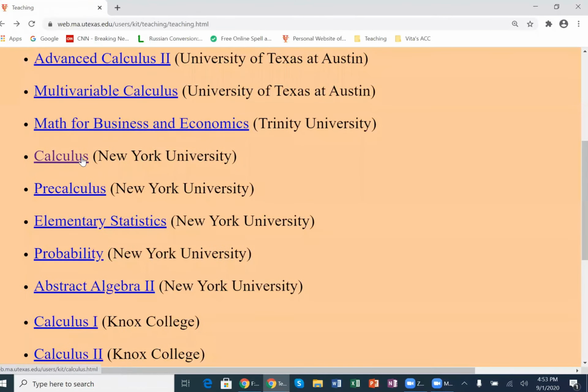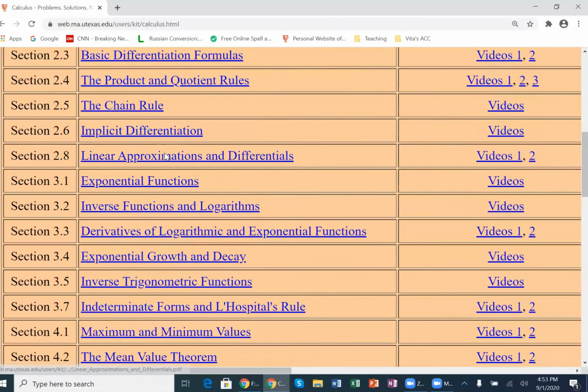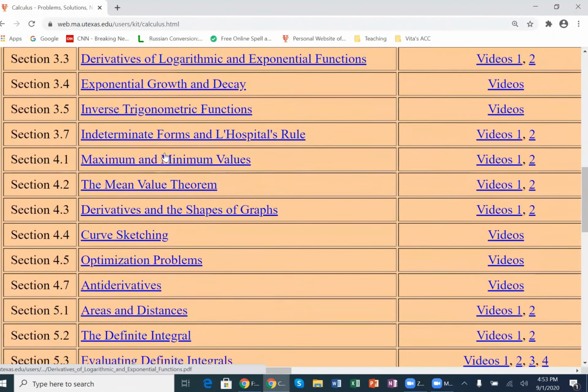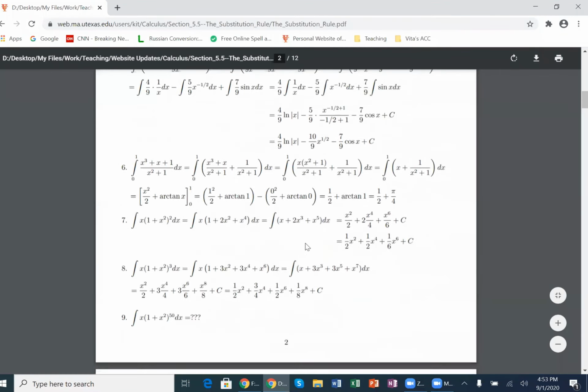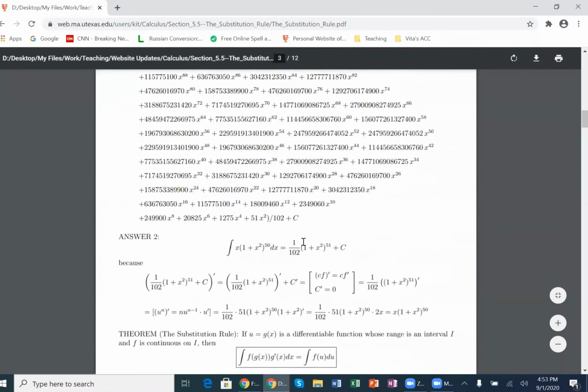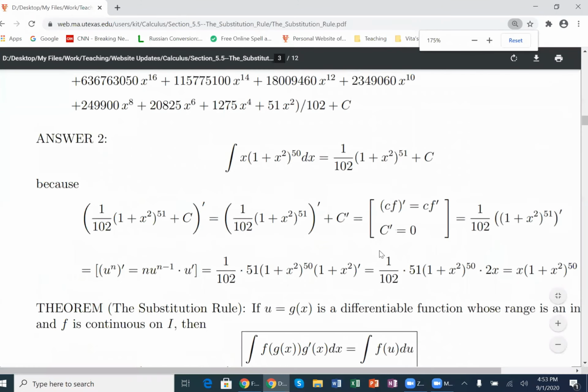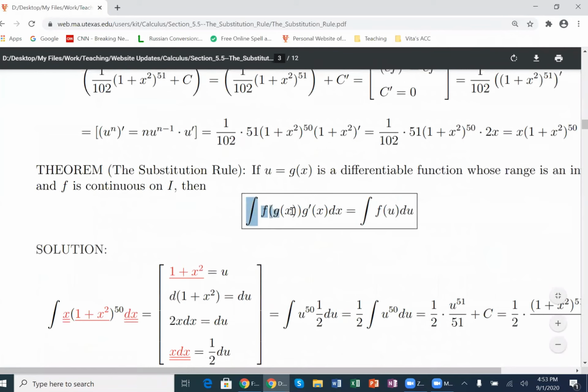Take a look at this. The substitution rule. Please take a look at what is written here.